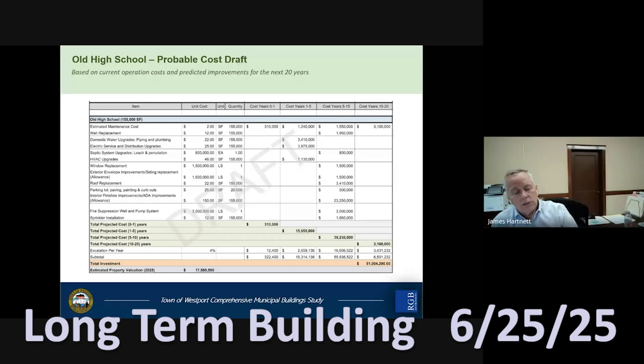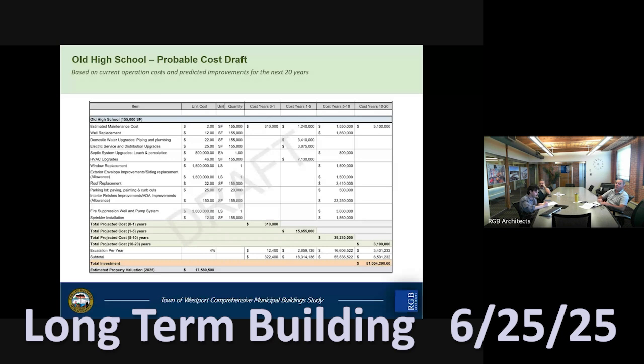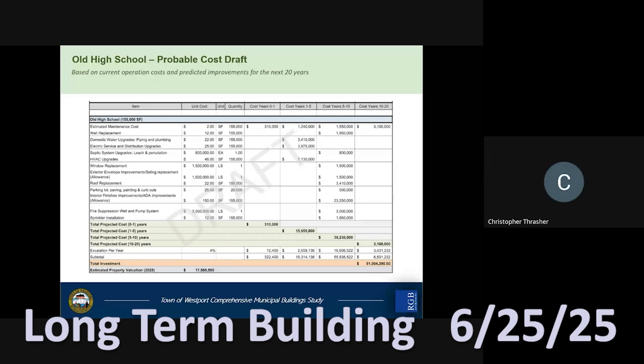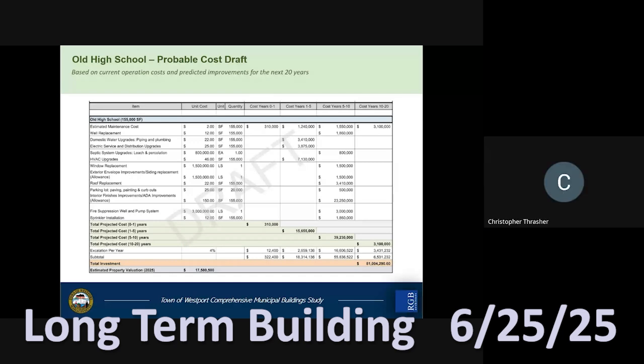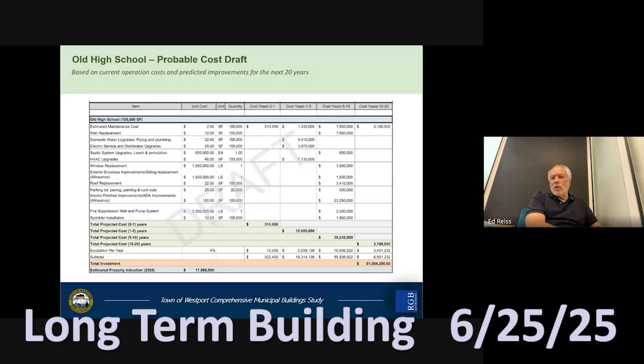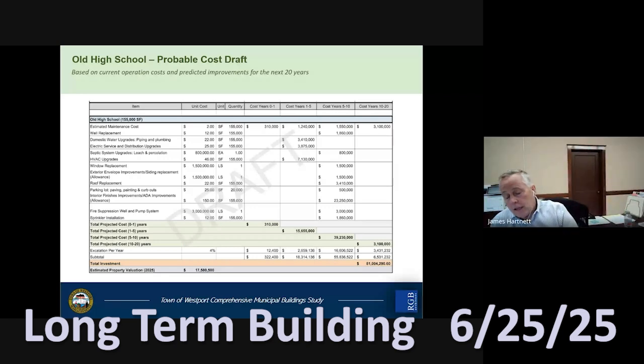Do you present it as this is the preferred option, but we looked at A, B, and C? Or do you just present D? I think A, B, and C need to be there as reasons for picking D, reasons that we decided to go with this option, and to establish that we were thorough and looked at all these alternatives. And then maybe the people in the audience stand up and say, this is a great idea, but I like the other option.